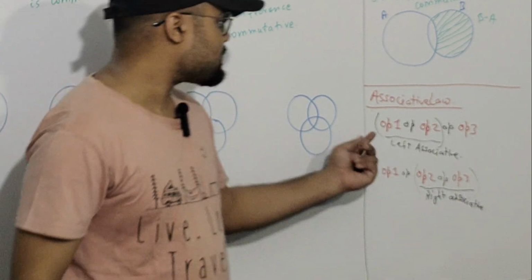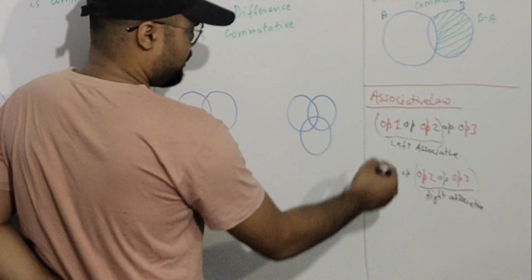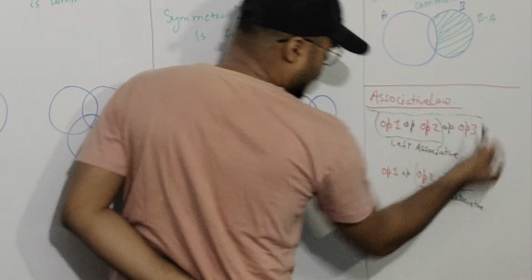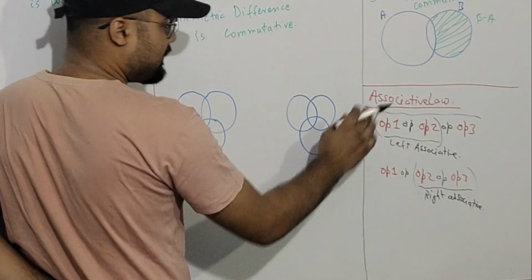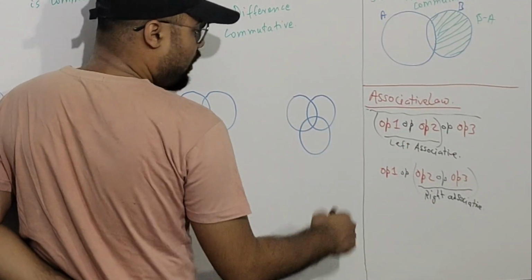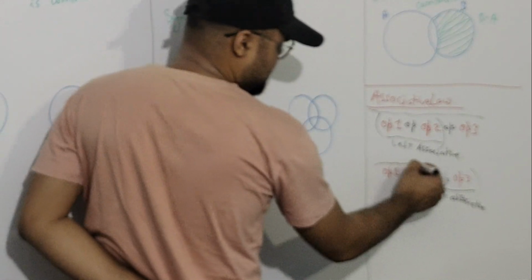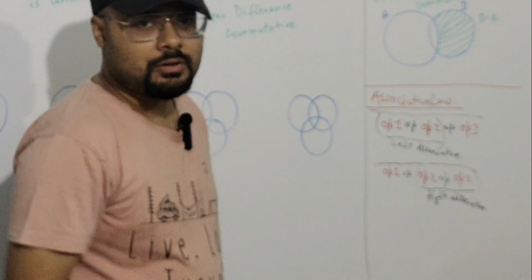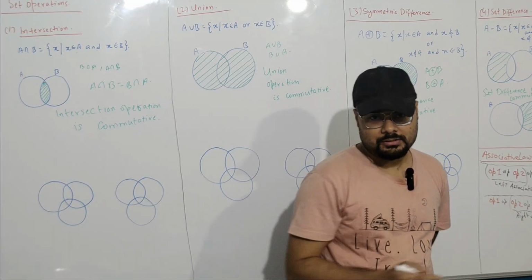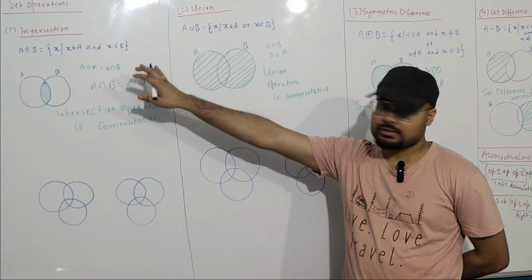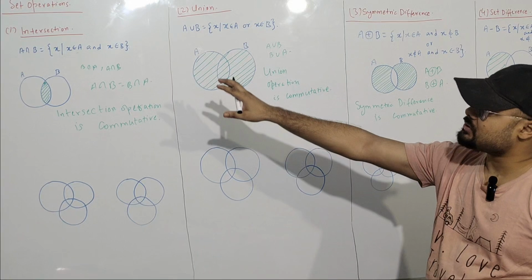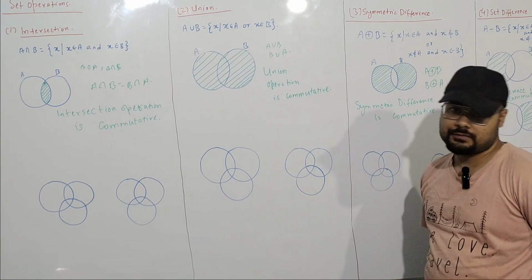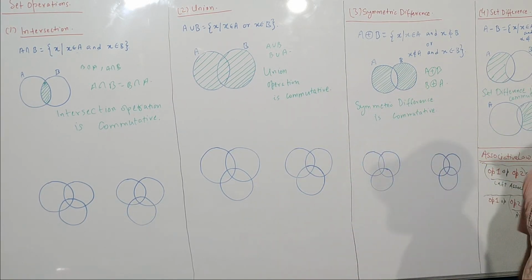If they are equal, this op operation is said to hold the associative law. Intersection holds associative law, union holds associative law, set symmetric difference holds associative law, but set difference does not hold associative law.